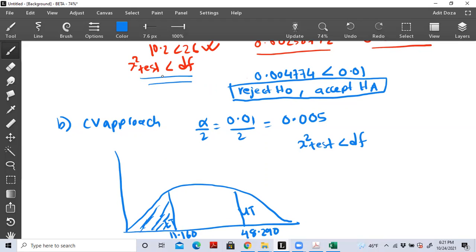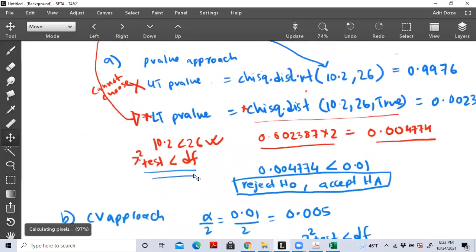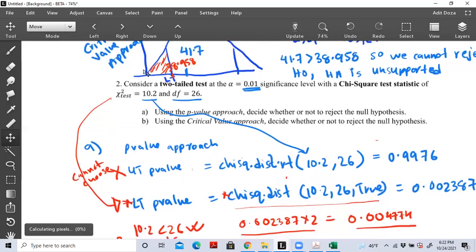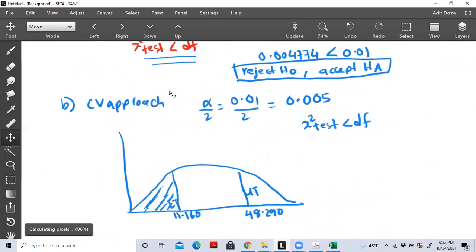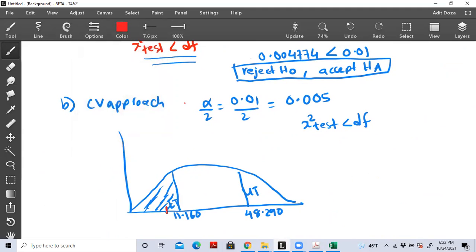So let's look at our test statistic. What was the test statistic? 10.2, right? So 10.2, if I use a different color, falls in the rejection region, right? Because 10.2 is less than or equal to 11.160, it falls in the rejection region.